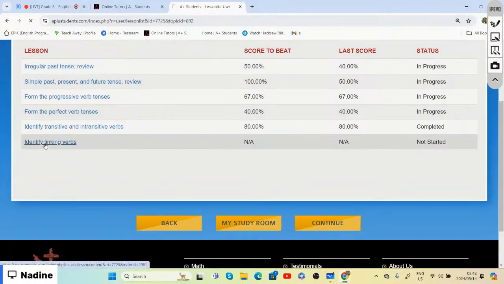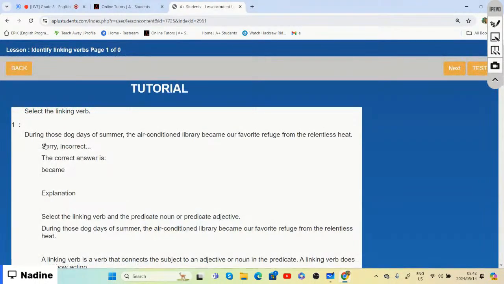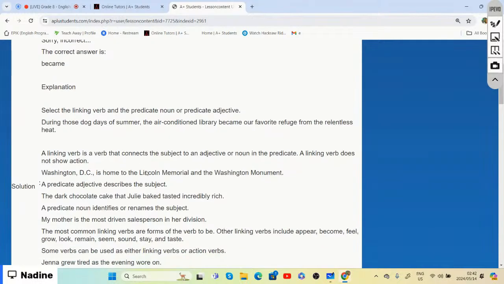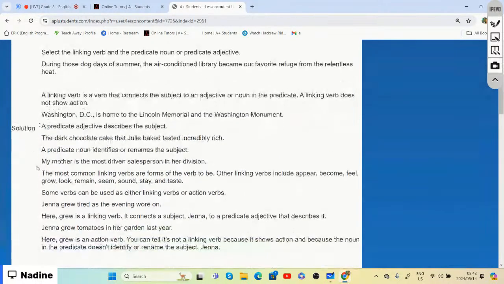Now we're just going to identify linking verbs before we end our lesson. And remember we said a linking verb is a verb that connects the subject to either an adjective or a noun in the predicate, right? And a linking verb does not show action. For example, Washington, D.C. is home to the Lincoln Memorial and the Washington Monument.